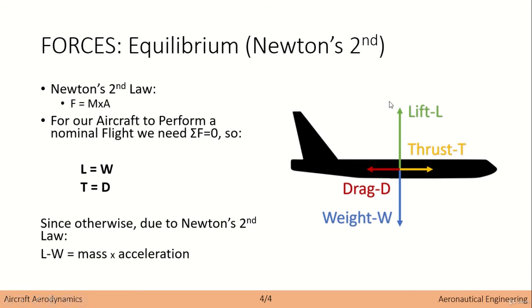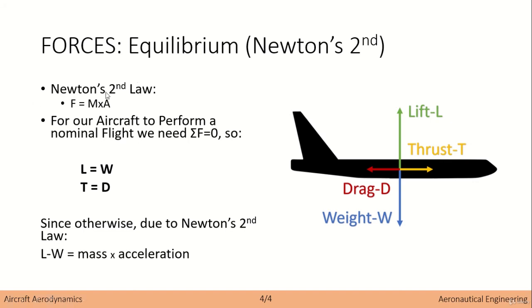So if you want an equilibrium, say static flight, normal flight at a certain height, you need these forces to be equal to each other. It's important. Lift must be equal to weight so that we don't have an extra force, and thrust has to be equal to drag. This is a condition which is completely normal to consider when doing any kind of operation with aircraft.